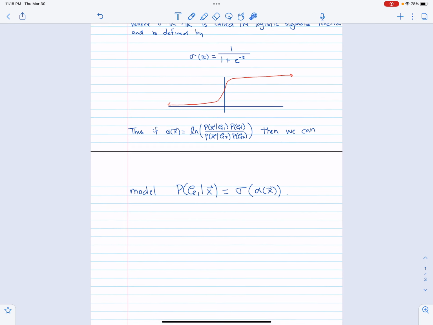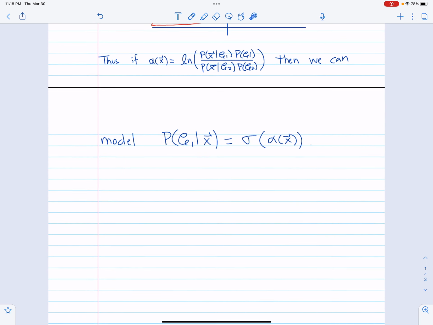Let's say what those assumptions are. These are actually the same assumptions that we made last time. We'll make some simplifying assumptions.